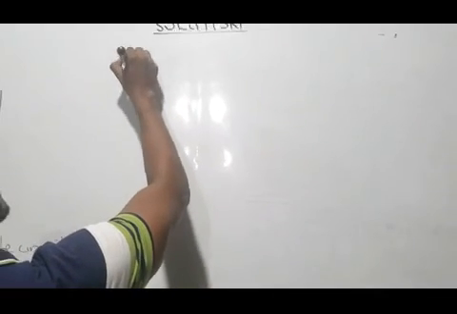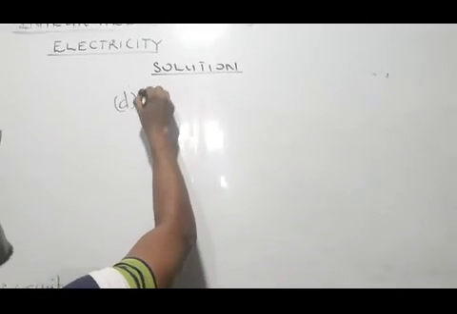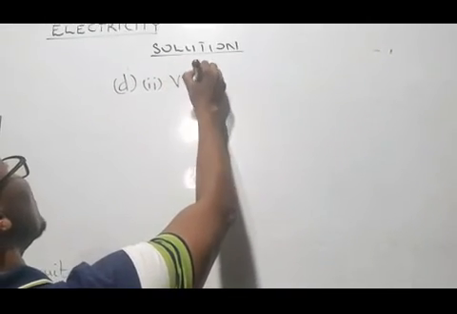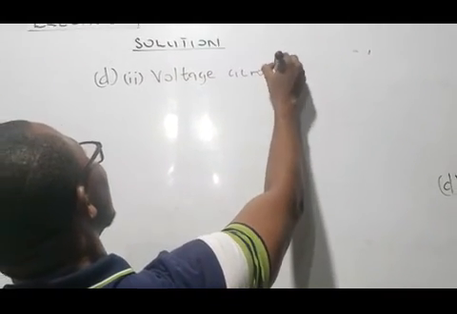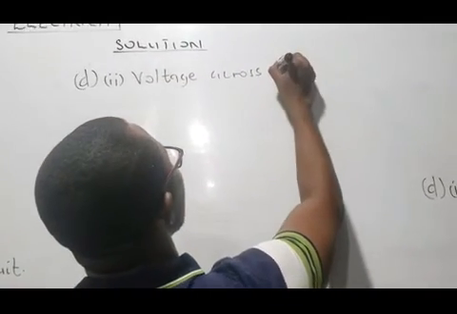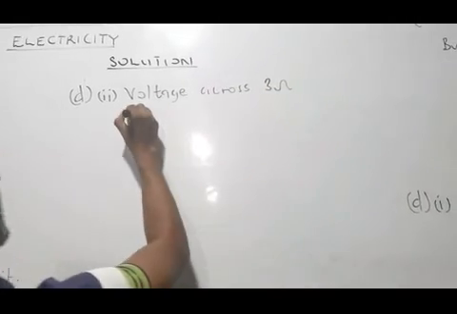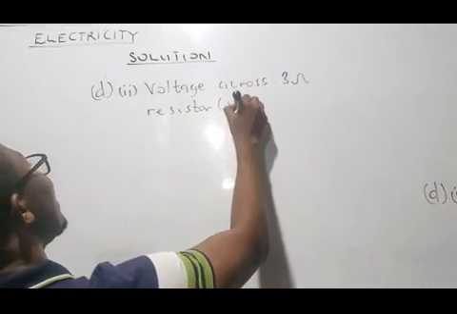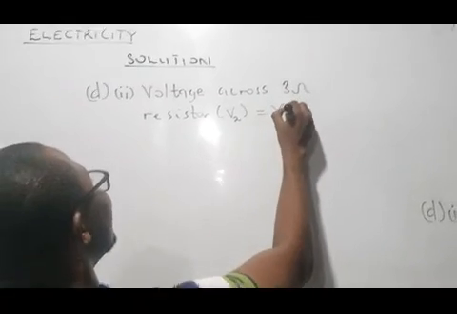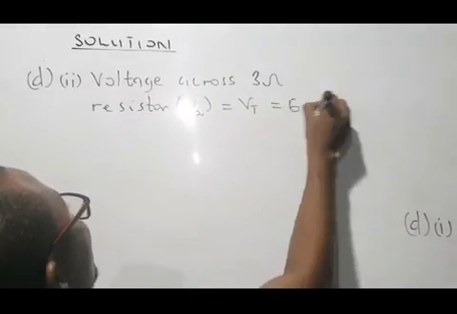This one too. The voltage across the 3 ohm resistor, that is V2. It's also VT, so that is 6 volts.